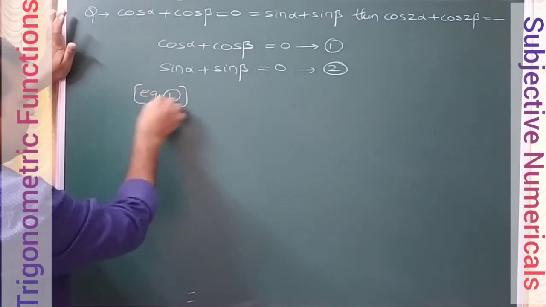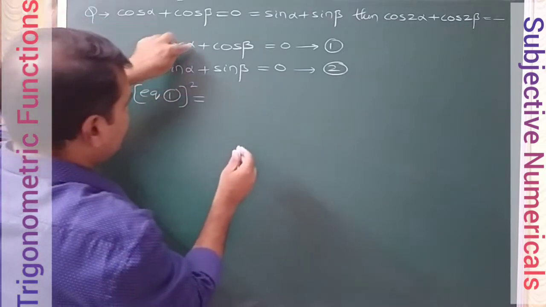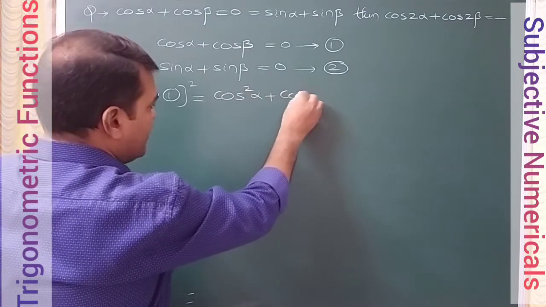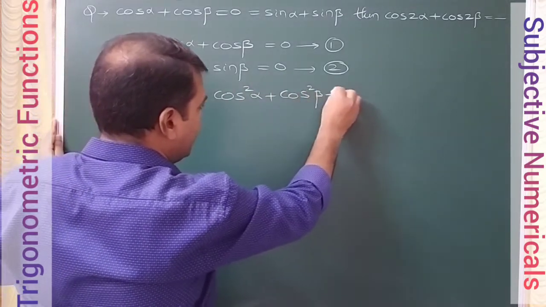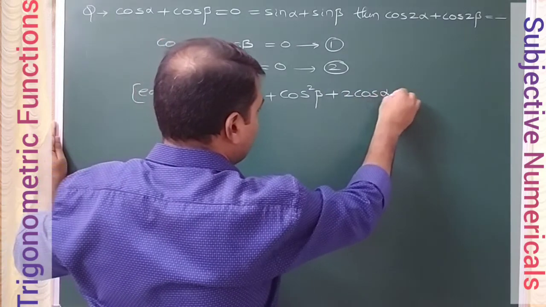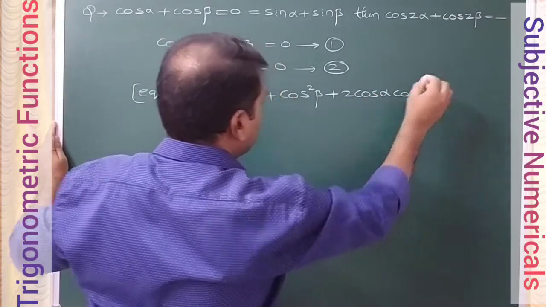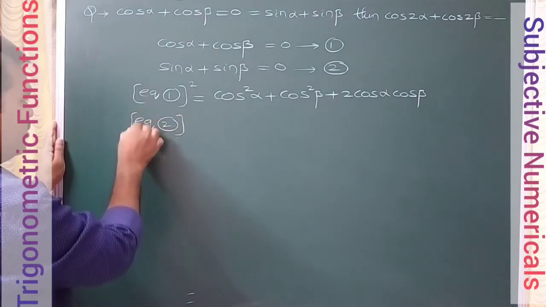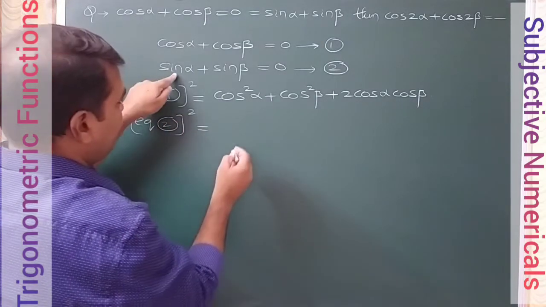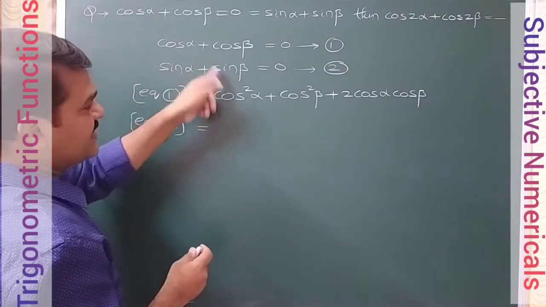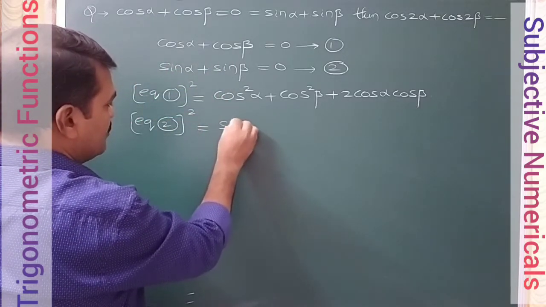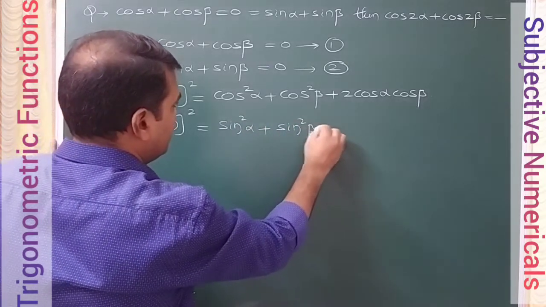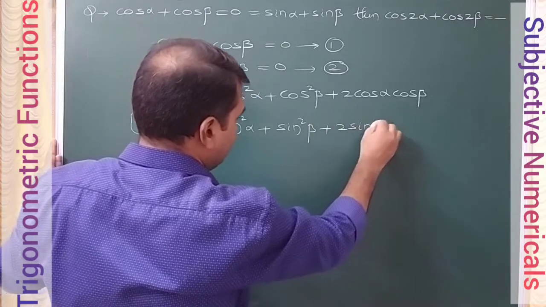Squaring the first equation: equation 1 whole square, cos alpha plus cos beta whole square, gives cos square alpha plus cos square beta plus 2 cos alpha cos beta. Now squaring the second equation, sin alpha plus sin beta whole square, we get sin square alpha plus sin square beta plus 2 sin alpha sin beta.